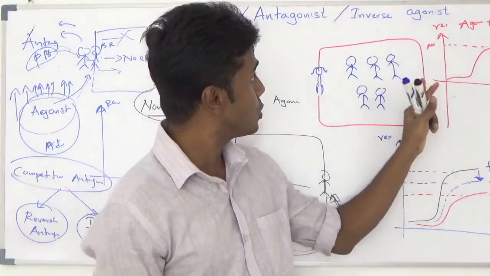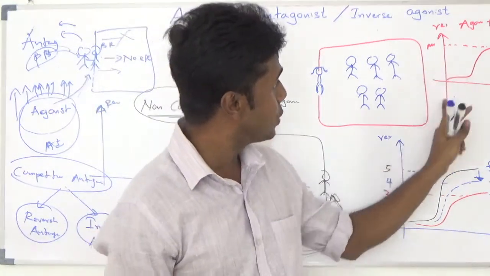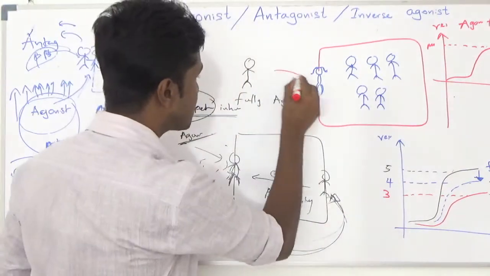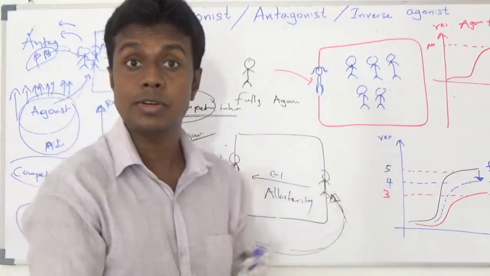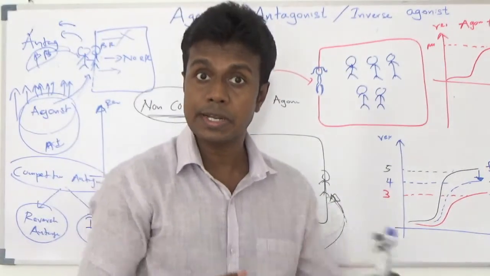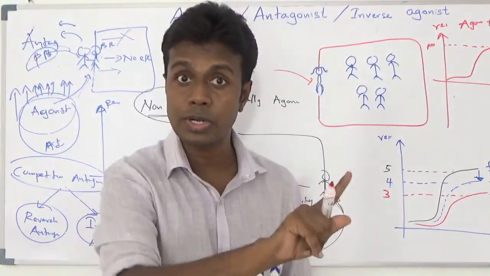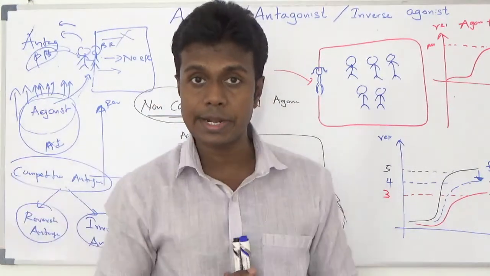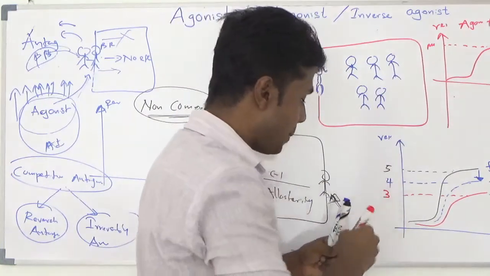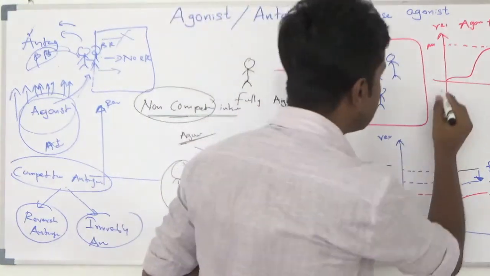Sometimes those substances bind to the receptor and there will be an inverse reaction. If a reaction happens, we call it an agonist. If no reaction is there, we call it an antagonist. Here the reaction happened, but in the inverse way.